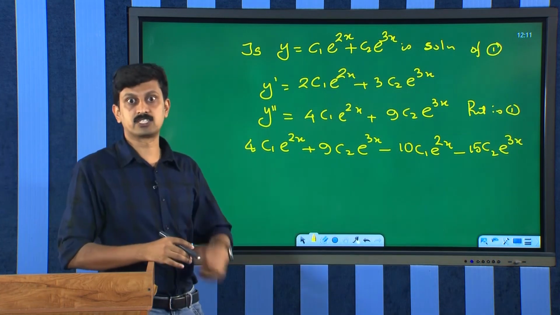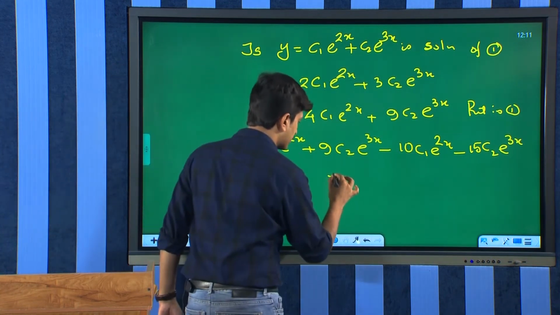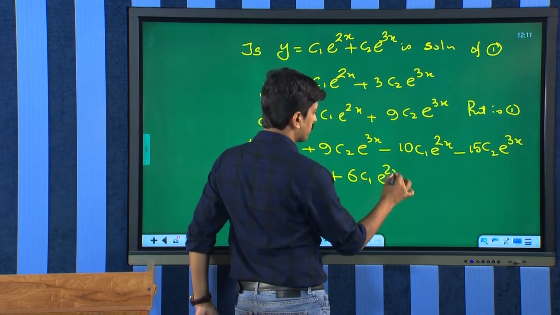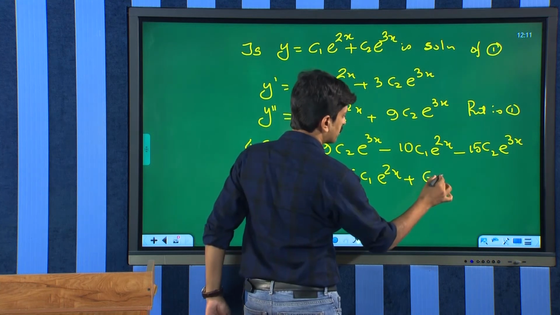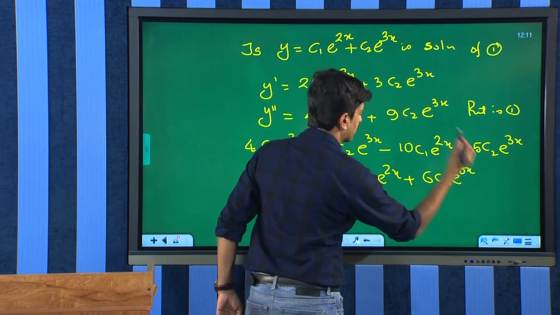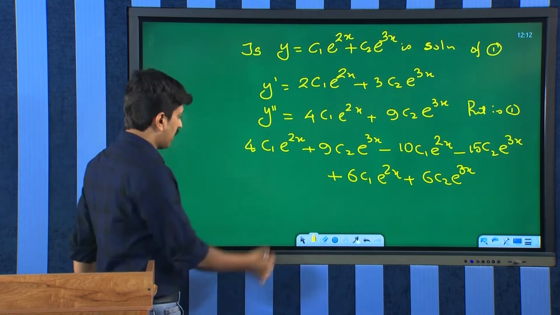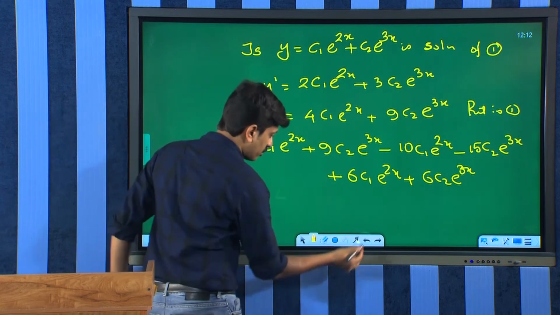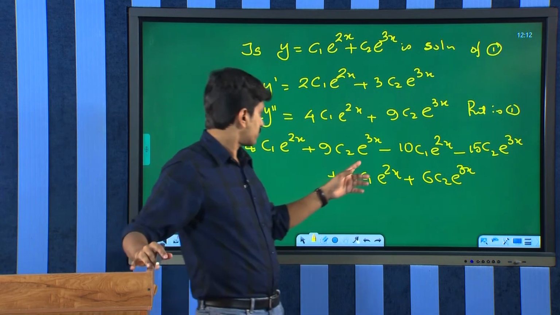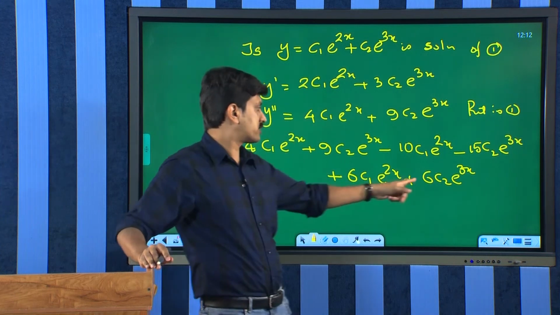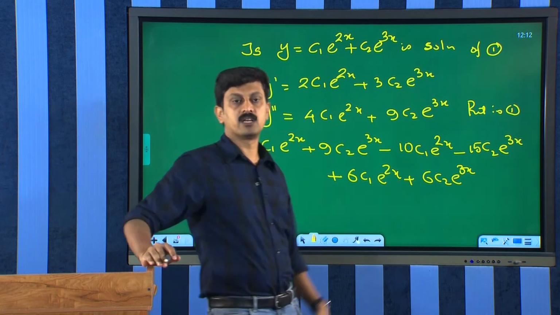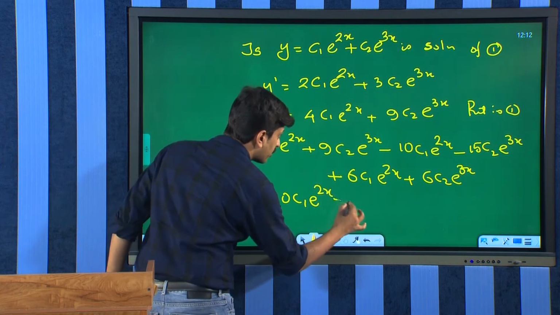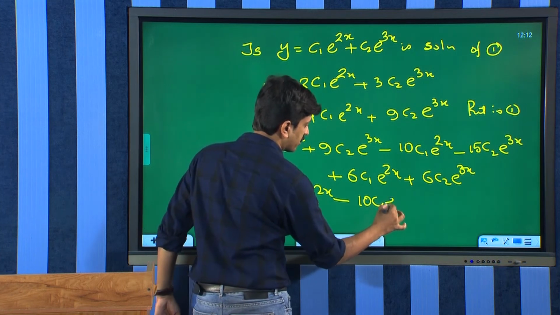Finally, we have plus 6y, that is plus 6 into C1 e raised to 2x plus 6 into C2 e raised to 3x. See, what is the miracle: we have 4 C1 e raised to 2x plus 6 C1 e raised to 2x, minus 10 C1 e raised to 2x.